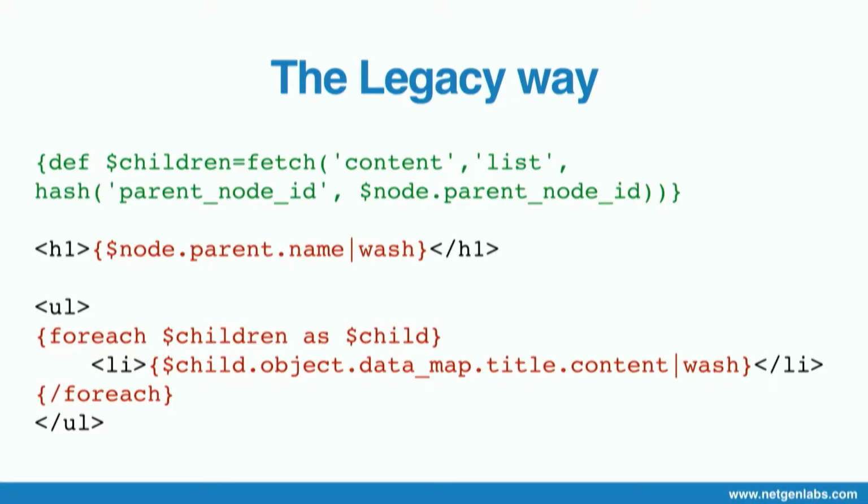Okay, so we are going to look a little bit into how legacy did things, or how we developed websites in legacy. This is a small template snippet from the legacy stack, and there are a couple of important things to notice here. First, you can notice that we are fetching the children from the template.